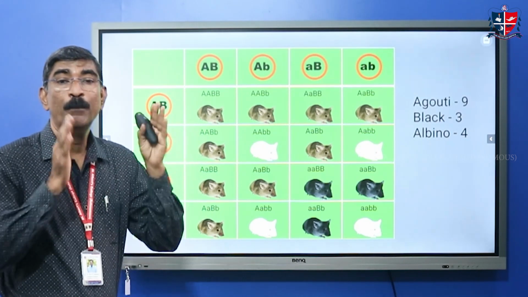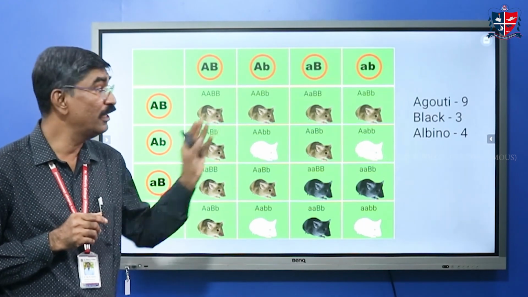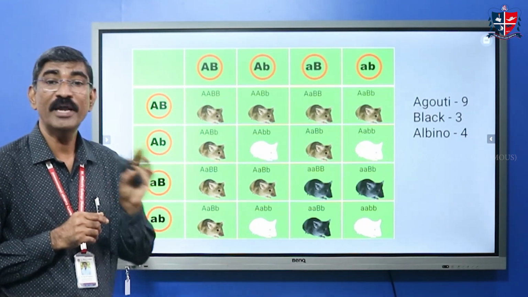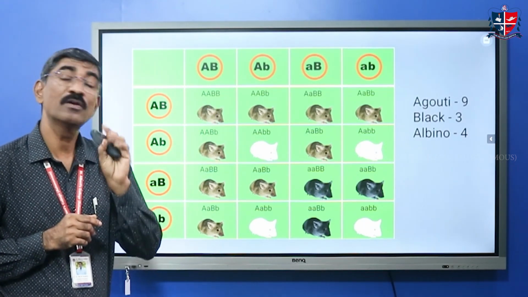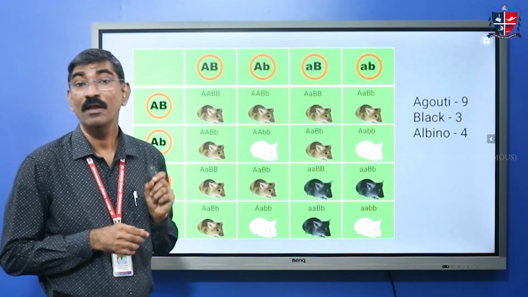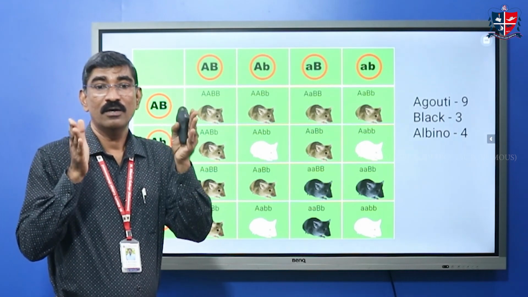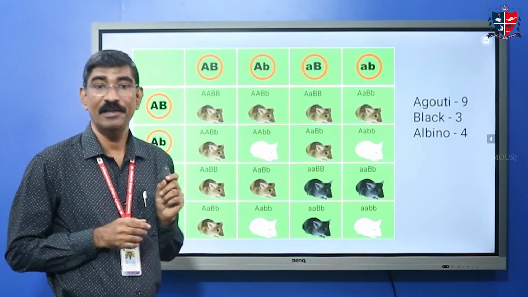9 means both genes are dominant. Here also this inheritance is by 2 genes. In the dihybrid cross also there are 2 genes. So in the dihybrid, that 9 ratio is of the both dominant conditions.